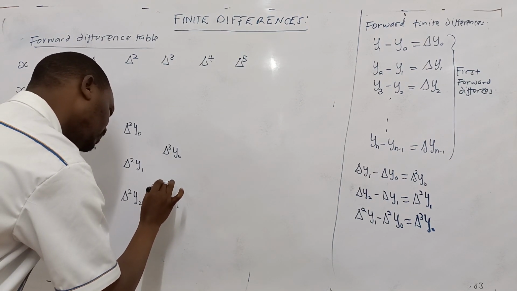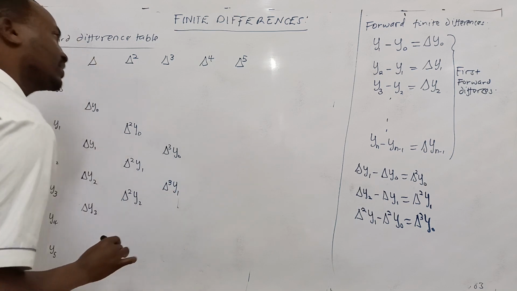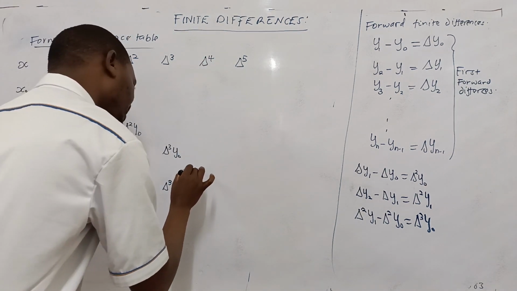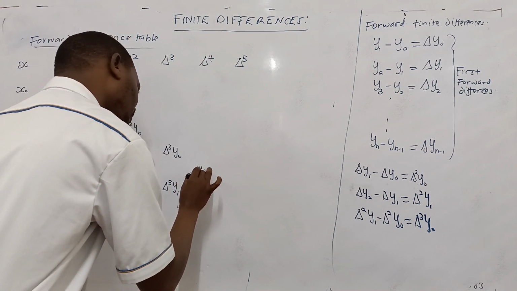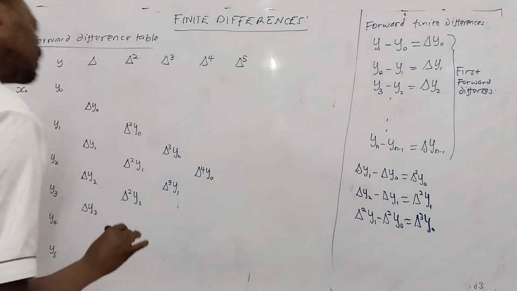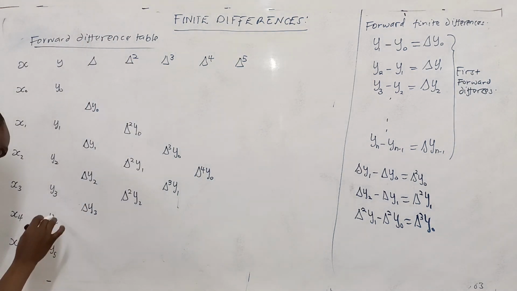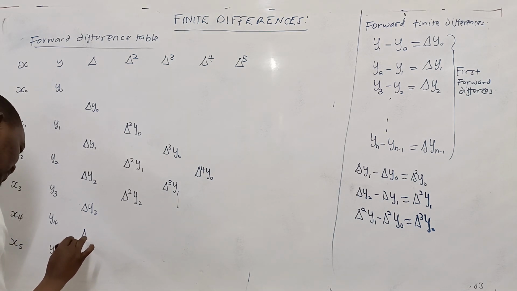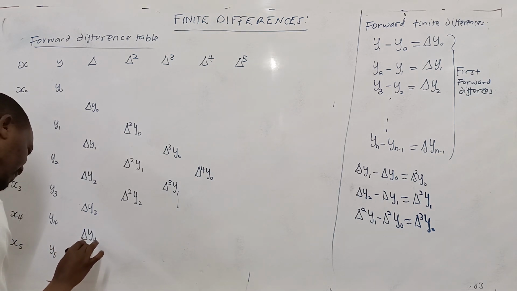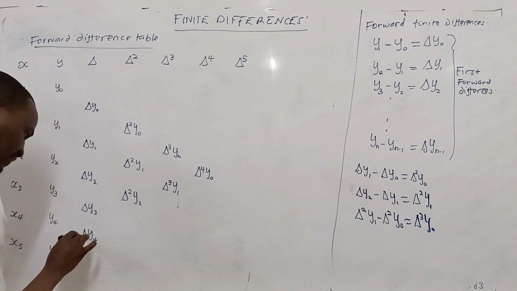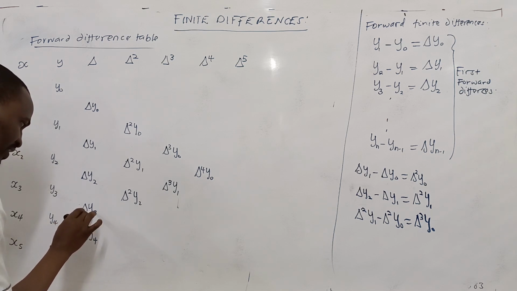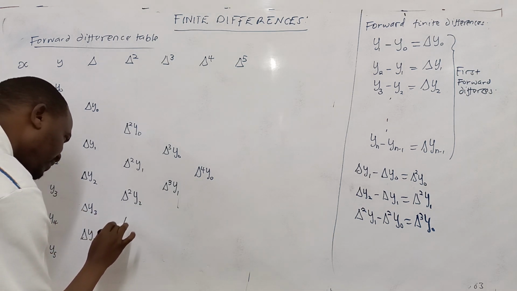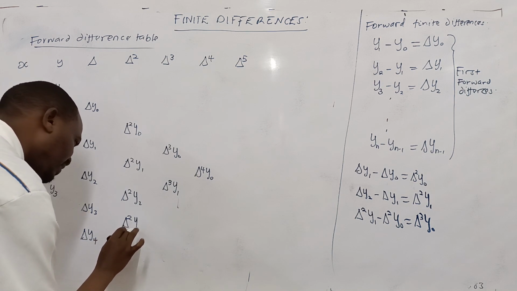These two will give us the third forward difference of y0, not y2 but y1, the third forward difference of y1. This will give us the fourth forward difference of y0. These two, y5 minus y4, will give us the first forward difference of y4. The first forward difference of y4 minus the first forward difference of y3 will give us the second forward difference of y3.